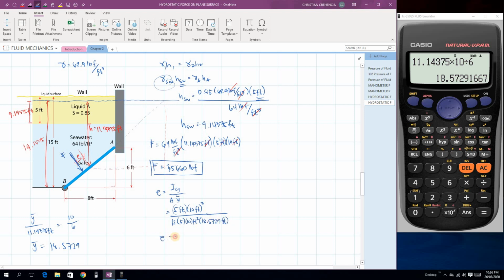Okay, so yung distance E is equal to, okay, so simplify na natin, alisin ko na yung 5, alisin ko na yung isang 10, magiging squared na lang to. So we have 10 squared over 12 times 18.5729. Okay. So, nakuha natin is 0.44868.